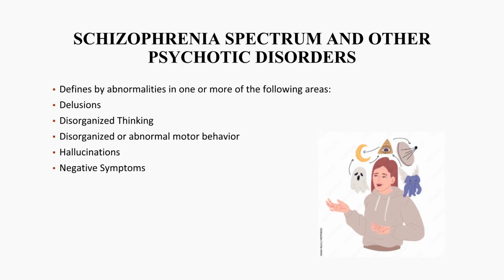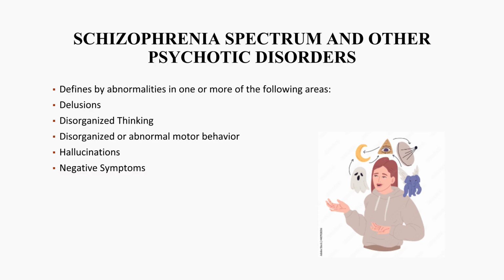We have the schizophrenia spectrum and other psychotic disorders. People with psychotic disorder hear, see, and believe things that are not real or true. They may also show signs of disorganized thinking, confused speech and abnormal motor behavior.